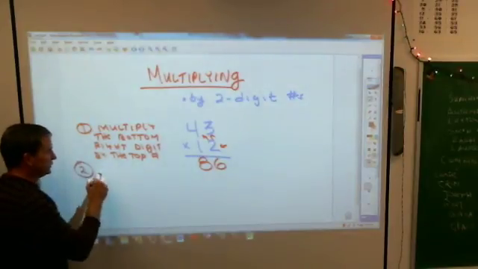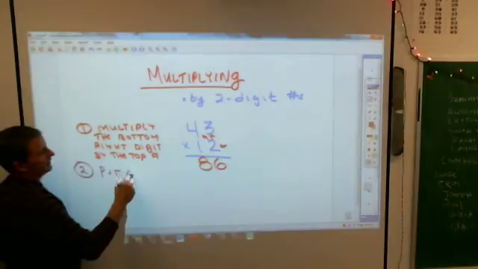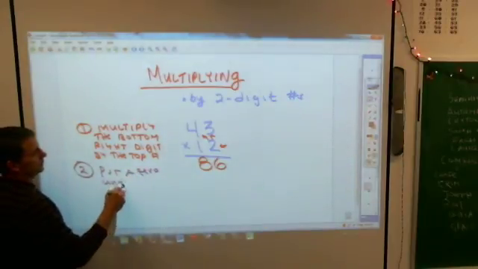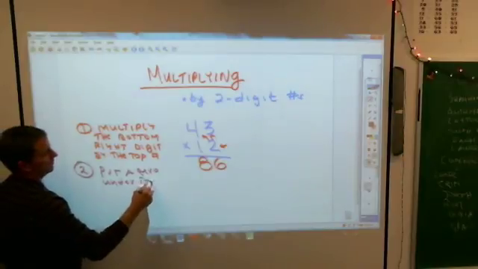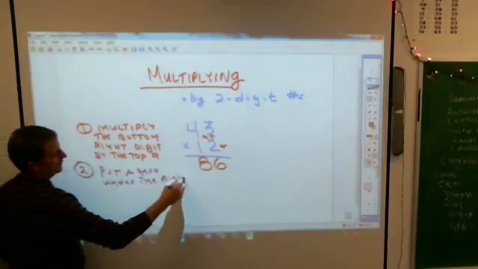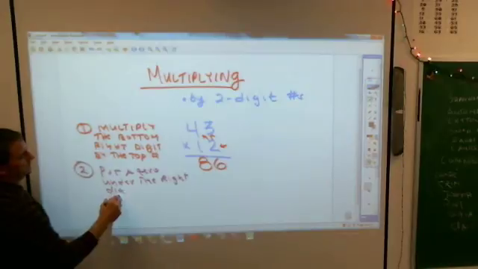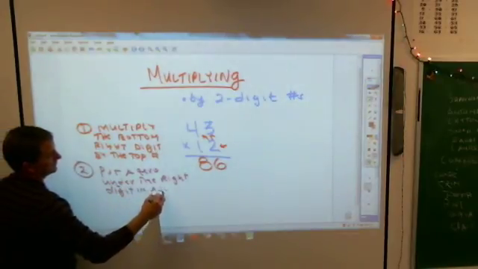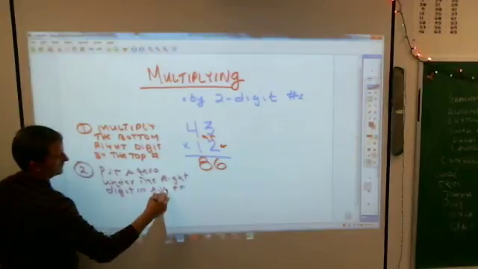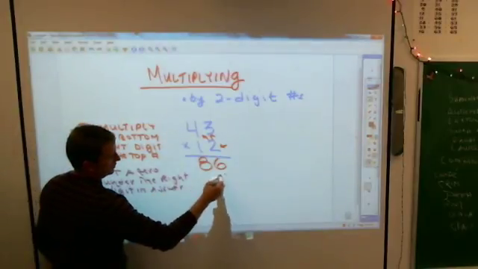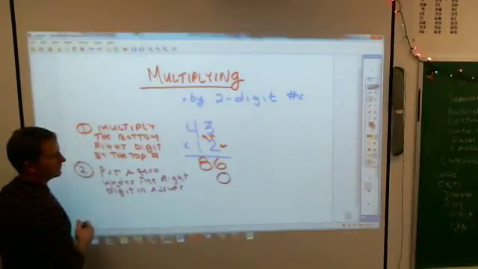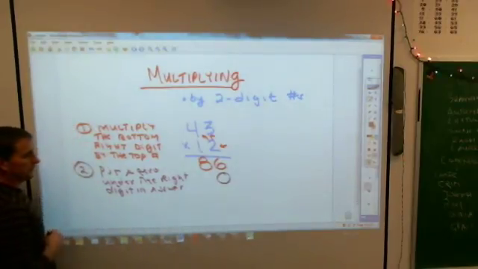Step number 2 is put a 0 under the right digit in your answer, which means you're going to put a 0 right here. I should draw an arrow there, but it's going to get in the way of my problem if I do.